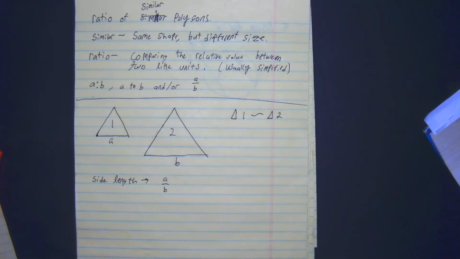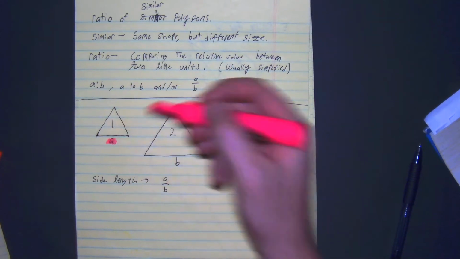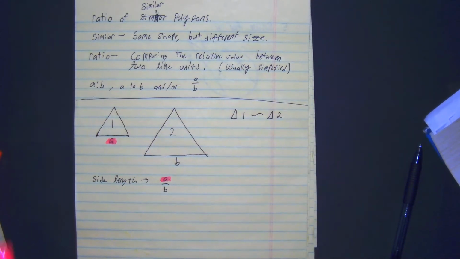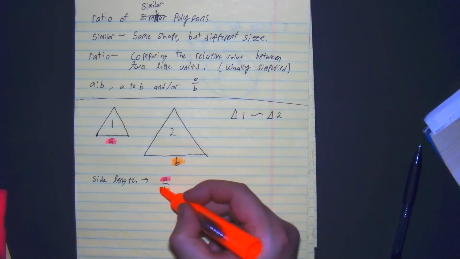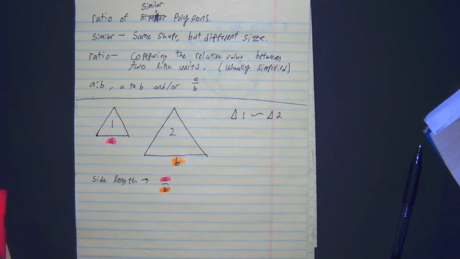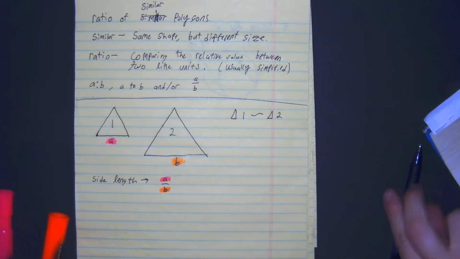A over B. What does that mean? We're going to write out what that means, because I believe a lot of people mess up with these simple terms.